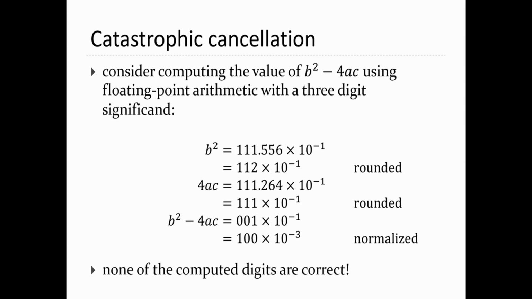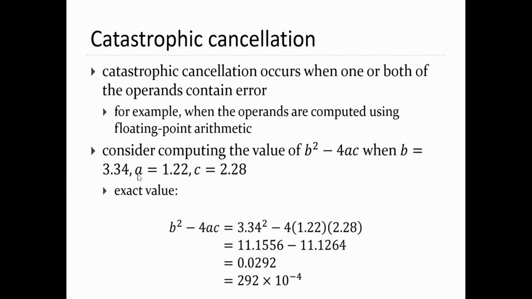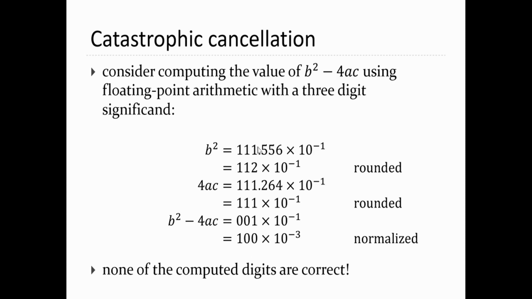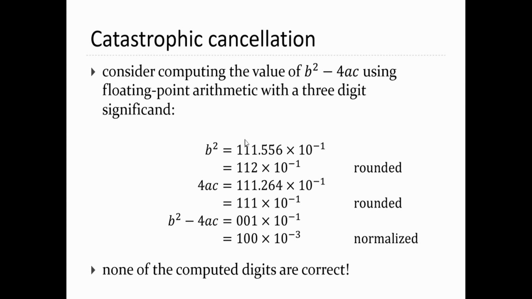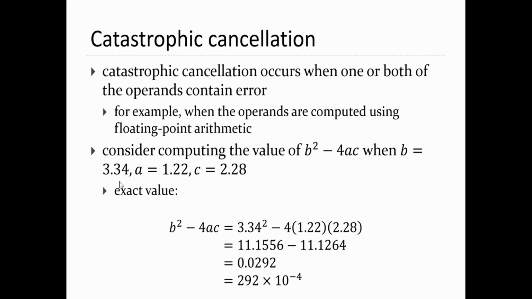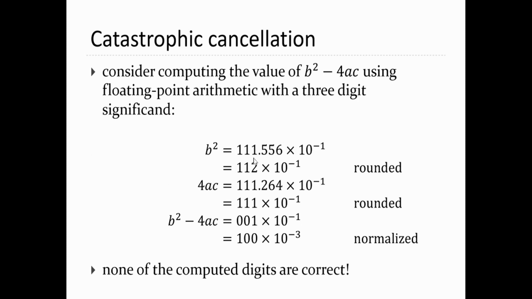But what happens when you use our floating point representation? What's b squared? 3.34 squared. Are these numbers right? Yes. So when you compute b squared, 3.34 times 3.34, if you remember your algorithm for multiplying real numbers by hand, you'll realize that you could end up with 6 digits, and you do in this case.